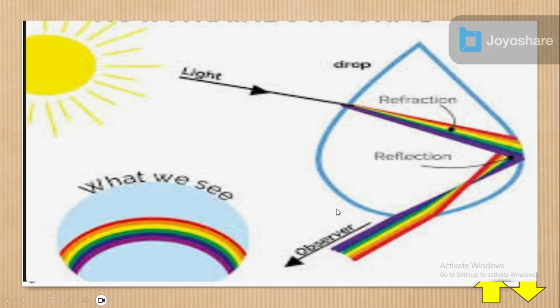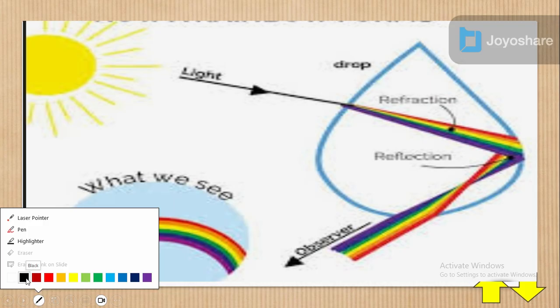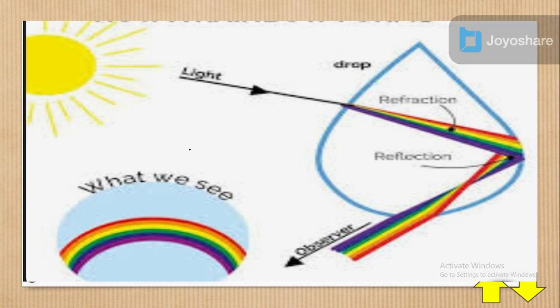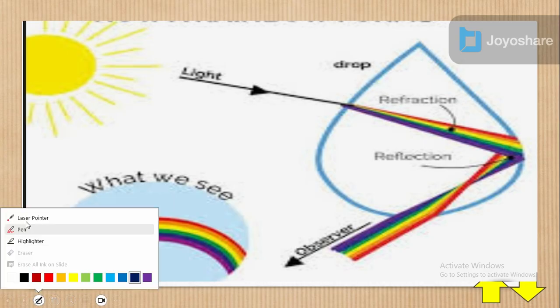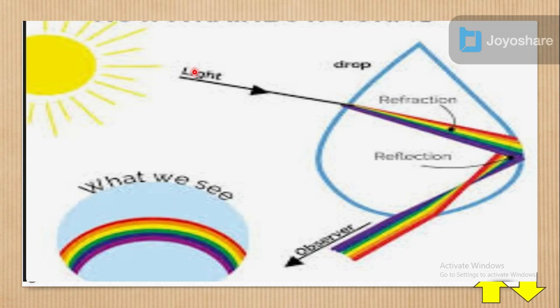Okay, now this is the picture which we can bring out clearly to you. So you realize that here we have white light. The sun is here, and now the white light comes. This is the 3D version.